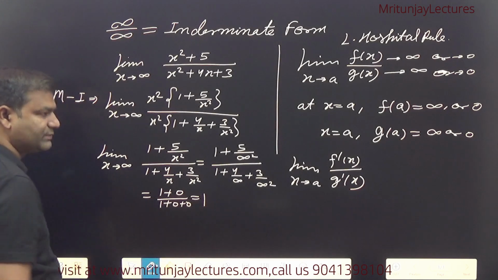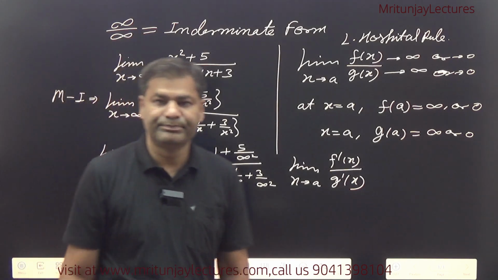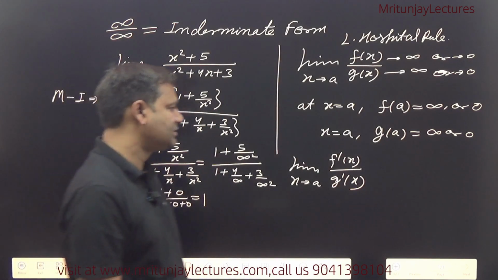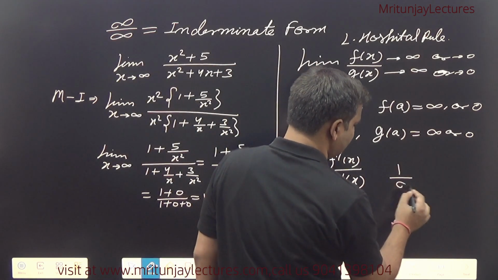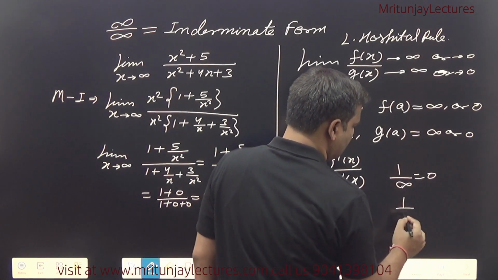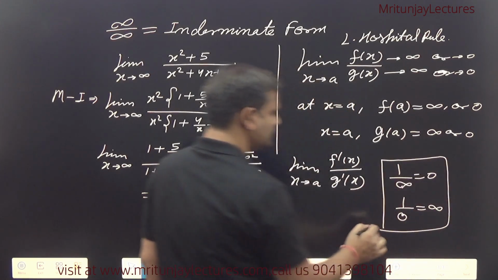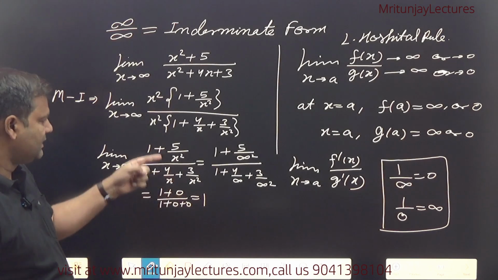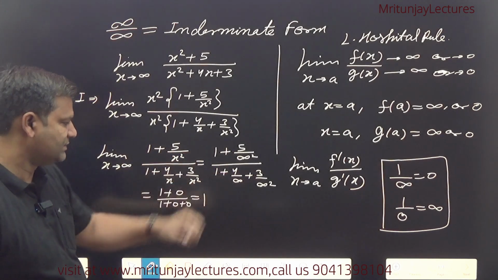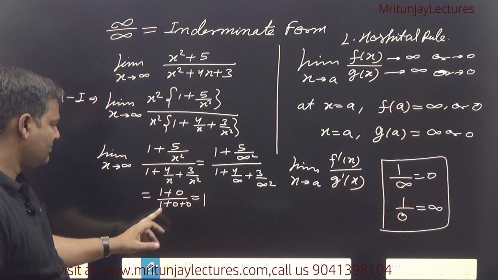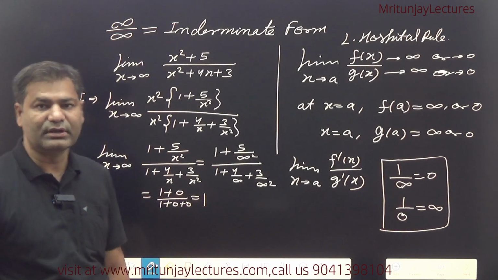So we get 1. Is that also clear? 1 by infinity, that is how much? 0. 1 by infinity is equal to 0, or 1 by 0 is equal to infinity. So that one 0, that one 0, that one 0. So (1 plus 0) upon (1 plus 0 plus 0). So the final answer is 1.